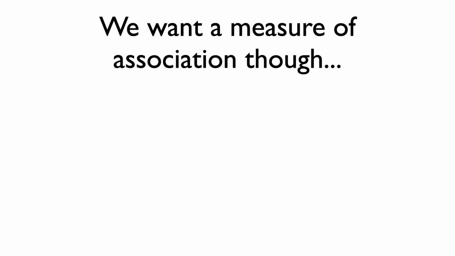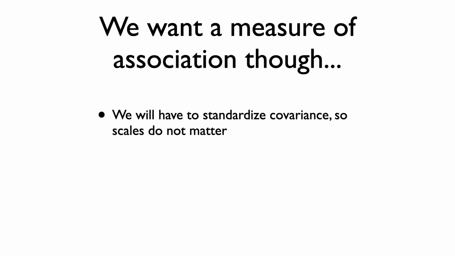Now, we want to standardize this relationship because it depends on a lot of things, one of which is the scale. We want to standardize covariance so scales don't matter. If your income is measured in dollars or cents, Canadian or American dollars, it shouldn't make a difference.